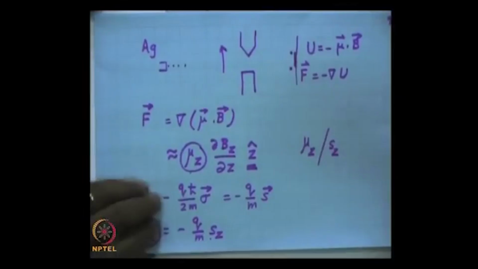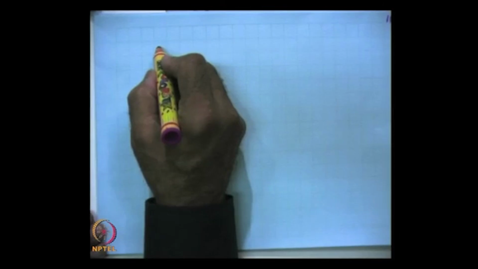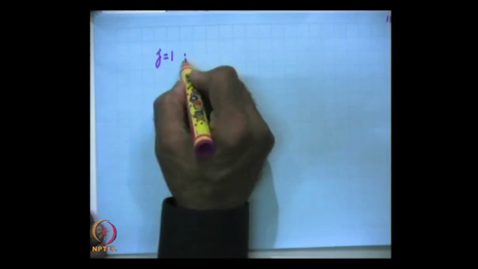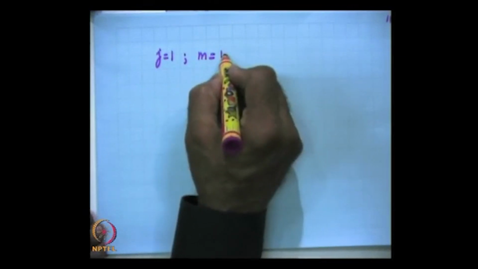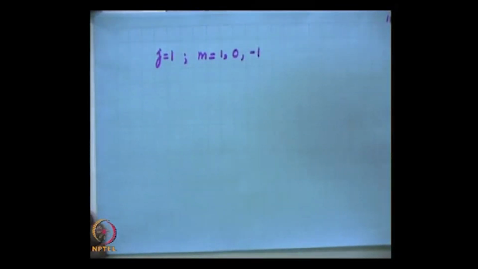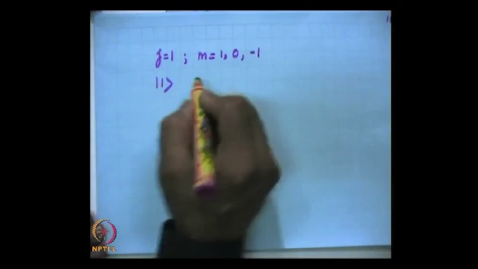I conclude this lecture by mentioning that if you have, for example, a particle, a system which has angular momentum 1, then the m values, as I had told you, are 1, 0, minus 1, and therefore there are 3 states, as I had mentioned in the beginning.